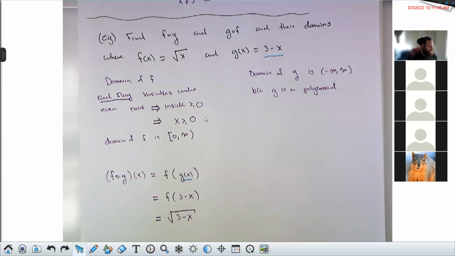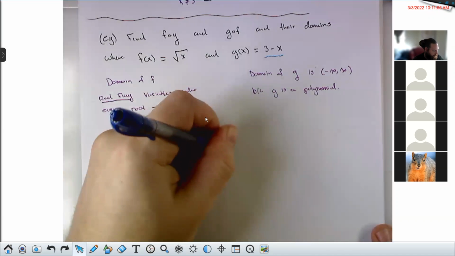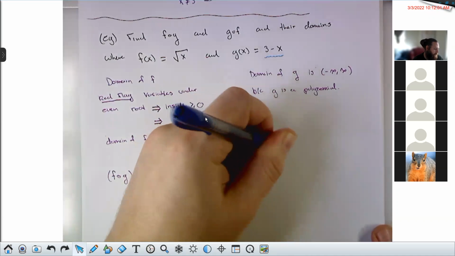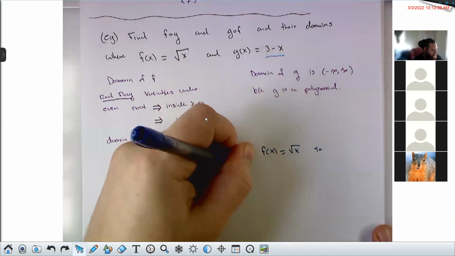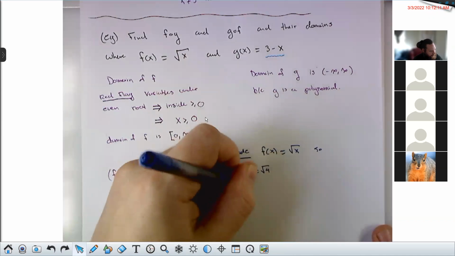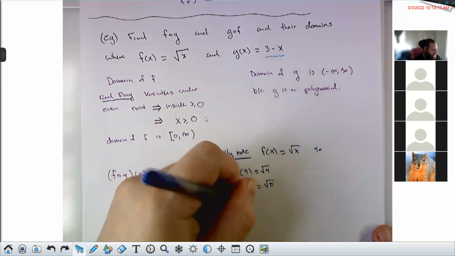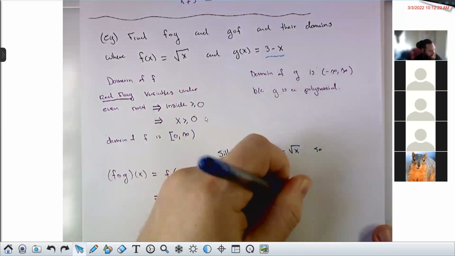There's a silly thing I like to say to help some folks with this. Silly note. All right, f of x, that's the square root of x. So, f of 4 would be the square root of 4. f of pi would be the square root of pi. f of dog shit would be the square root of dog shit.